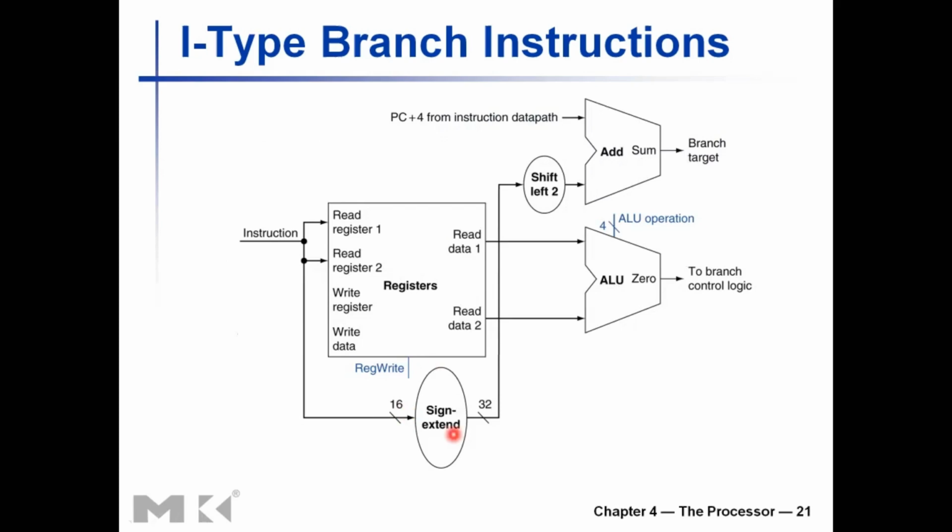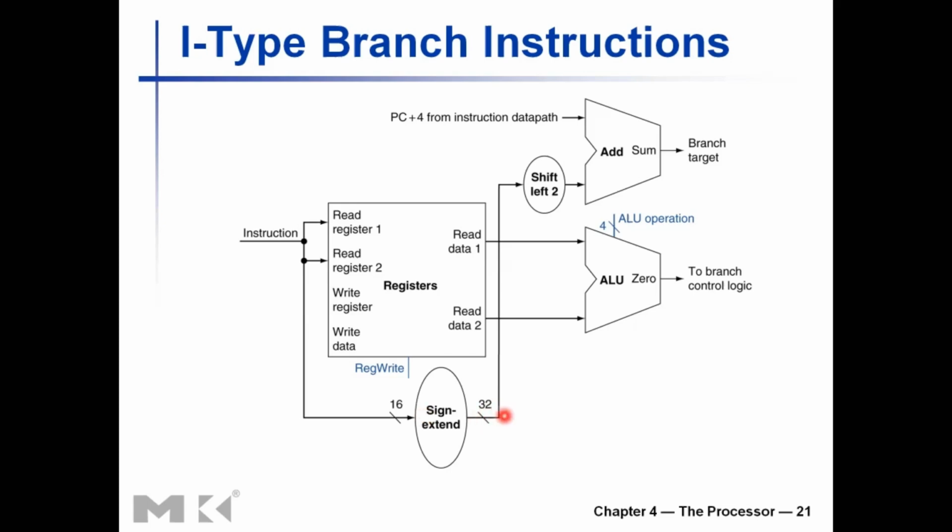Apply the sign extension to get the 32-bit immediate value. Note we still haven't shifted this, so this is still referring to how many instructions you want to jump forward or backwards. So referring to words.